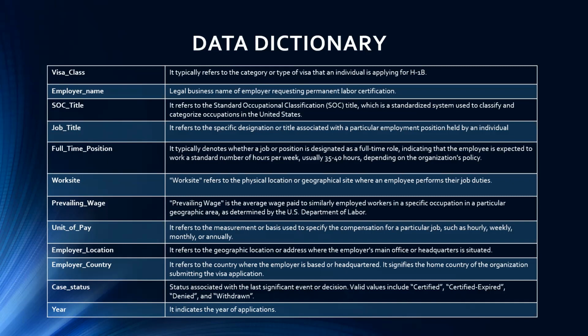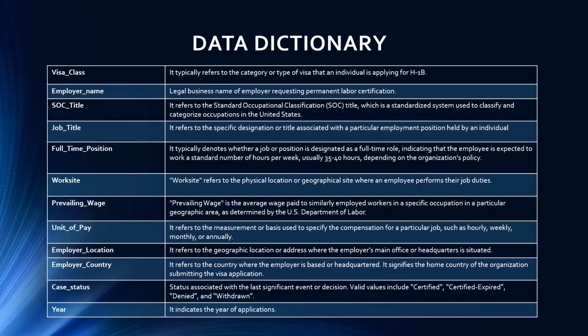Employer location refers to the geographical location where the employer's main office or headquarters is situated. Employer country is the country where it is located. The case status is very important because I have taken it as the target value for my analysis.